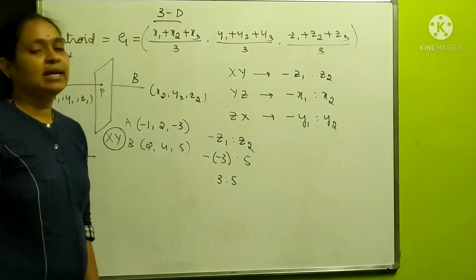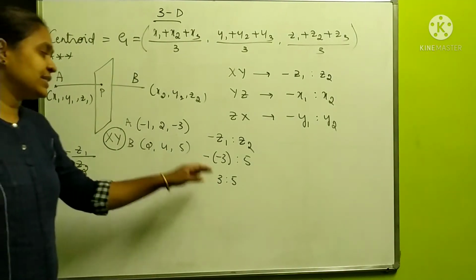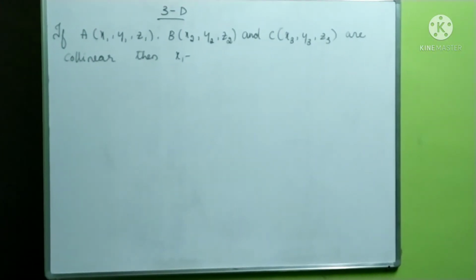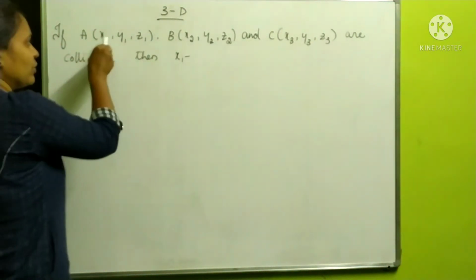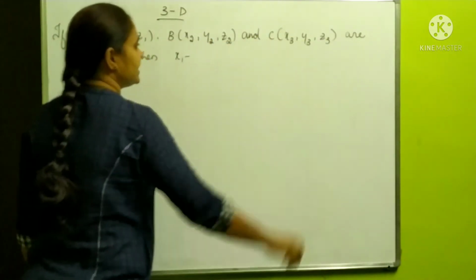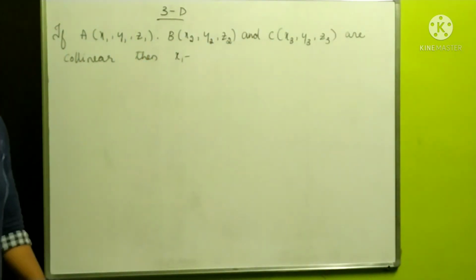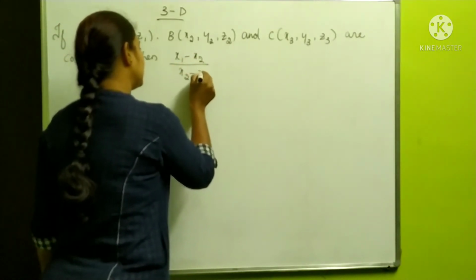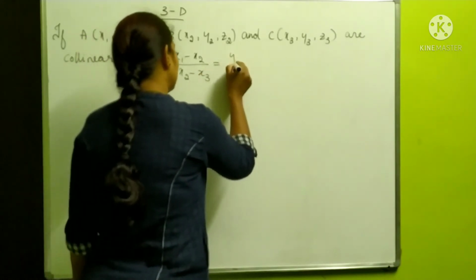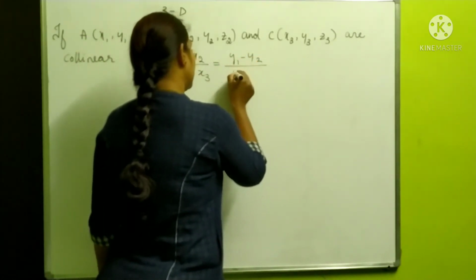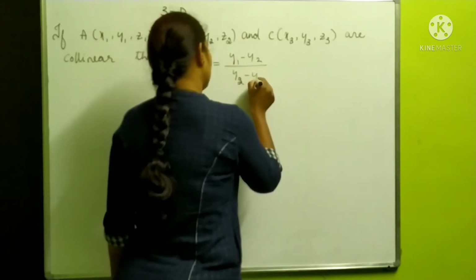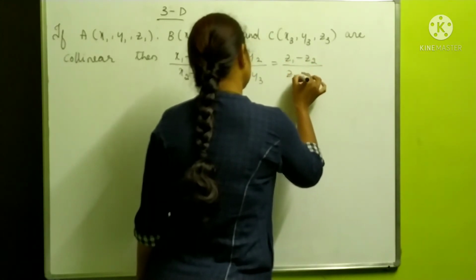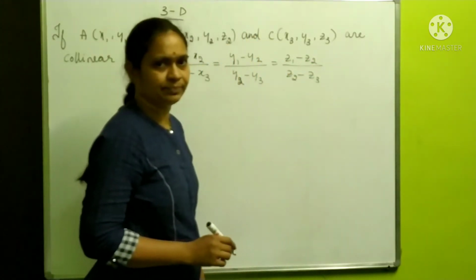Now, if the points (x1, y1, z1), (x2, y2, z2) and (x3, y3, z3) are collinear, then (x1 - x2)/(x2 - x3) = (y1 - y2)/(y2 - y3) = (z1 - z2)/(z2 - z3).